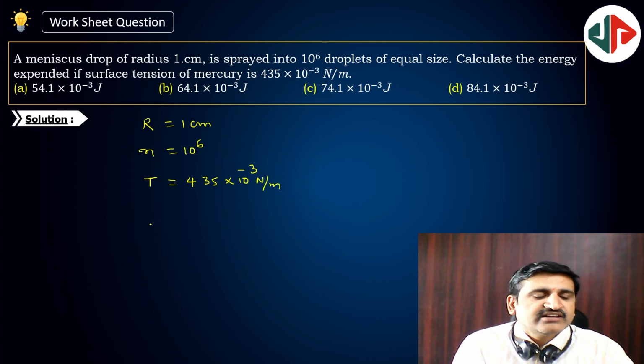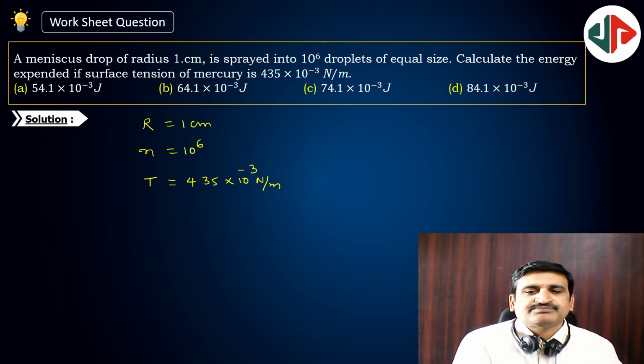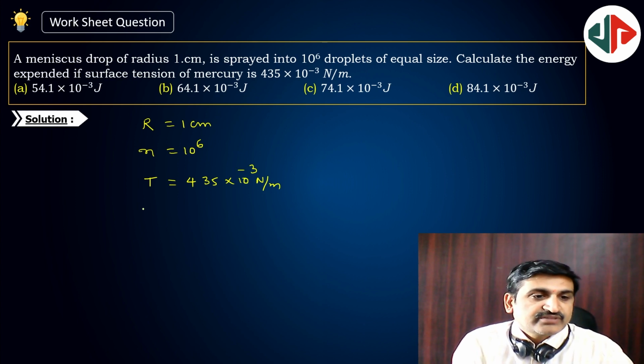Energy required, that we have to calculate. For that, what is the formula? Yes, you are right. Work done is equal to 4 pi r square T into n to the power of 1 by 3 minus 1.